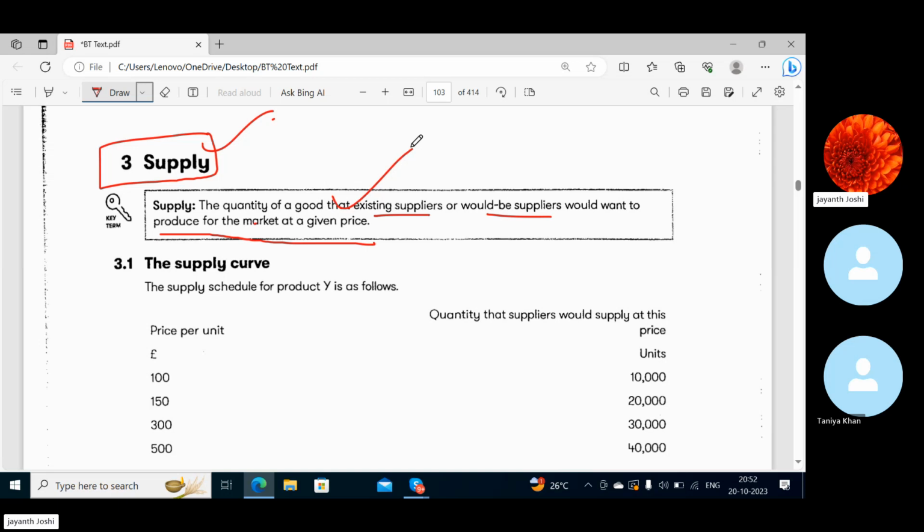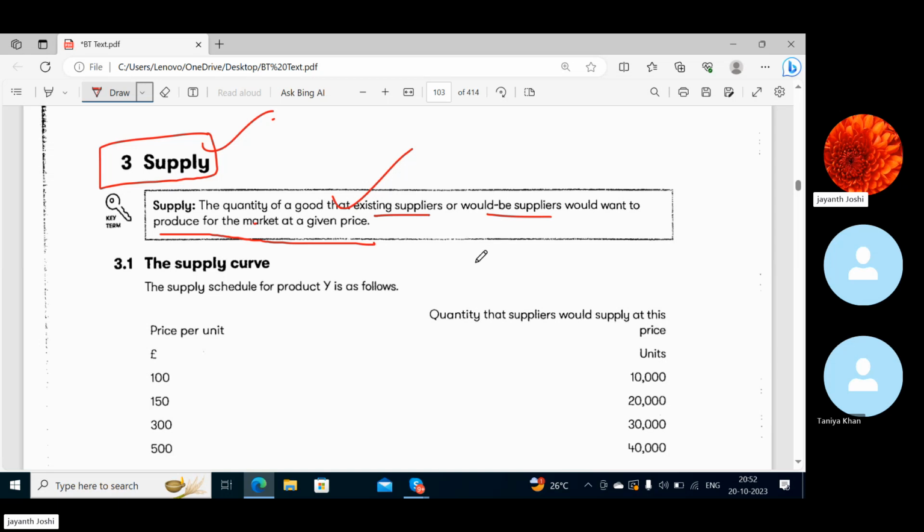So some quantity of goods that suppliers already in the market, or suppliers in the future, want to produce for the market at some given price is supply. Whatever the manufacturers are ready to supply in the market after producing the goods at a certain price is supply.